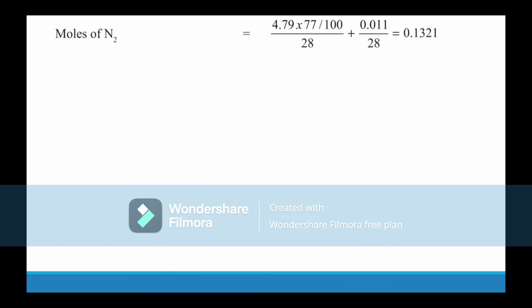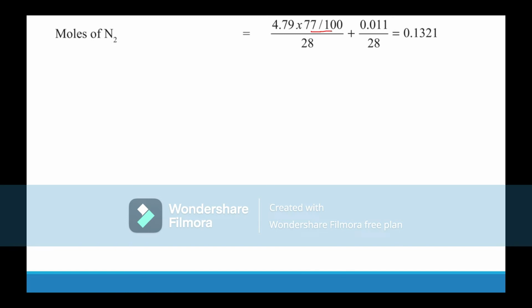Then moles of N2, substituting the values there: the fraction is 77 divided by 100, which means atmospheric air has 77% nitrogen and 23% oxygen. This is the common composition of atmospheric air, and only 77% of it is nitrogen.